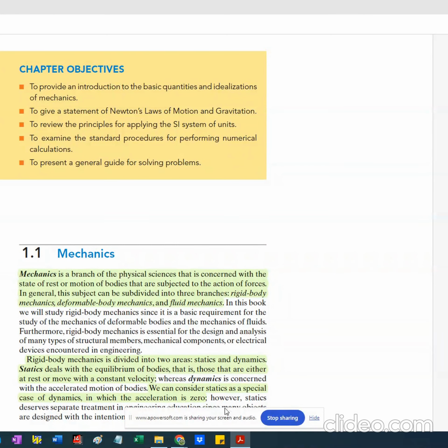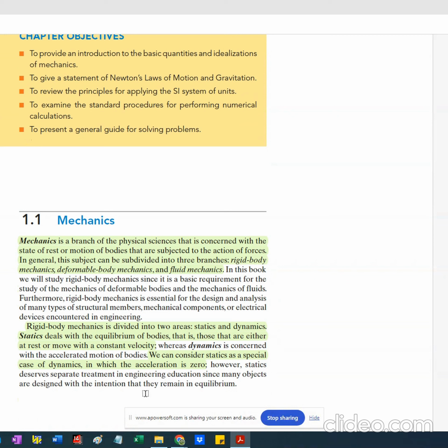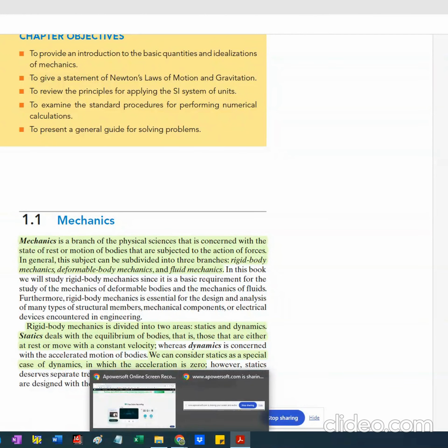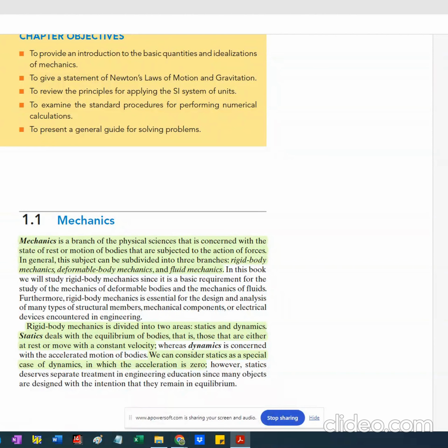Statics could be considered a special case of dynamics, where bodies are at rest or move with constant velocity. In dynamics, we study bodies that perform accelerated motion. So really, in statics, our systems will be stationary.